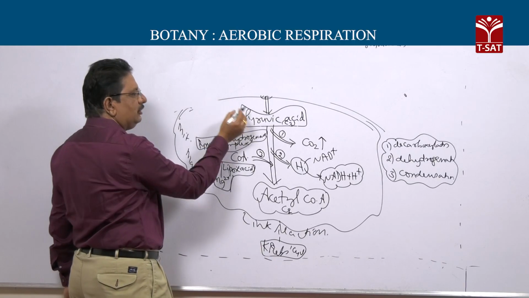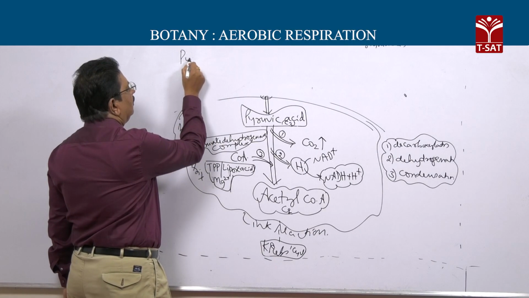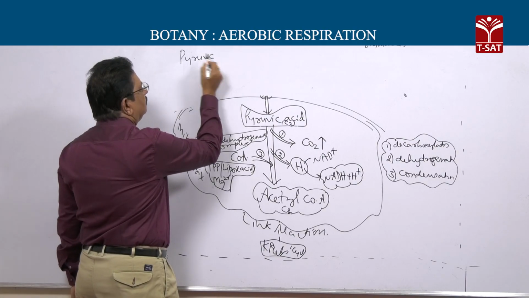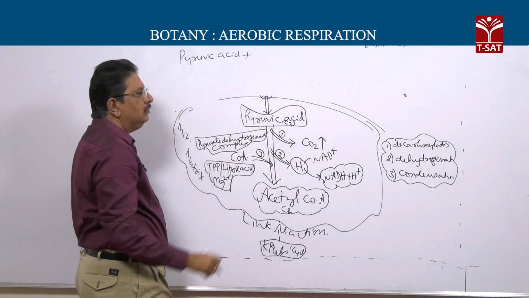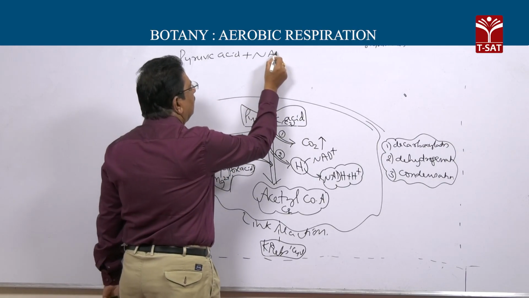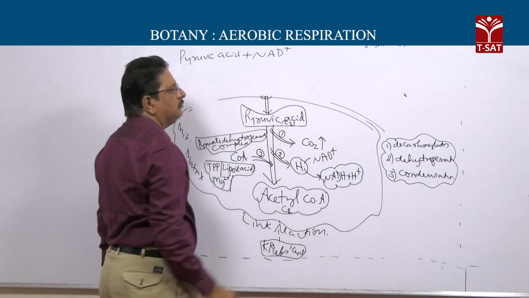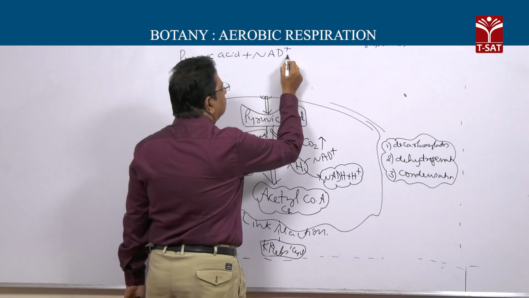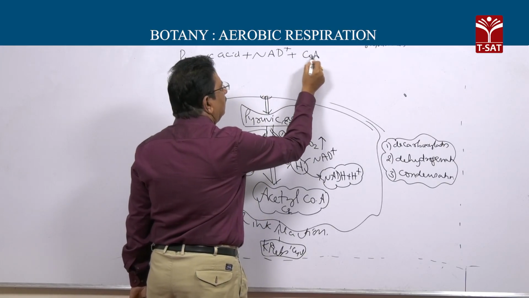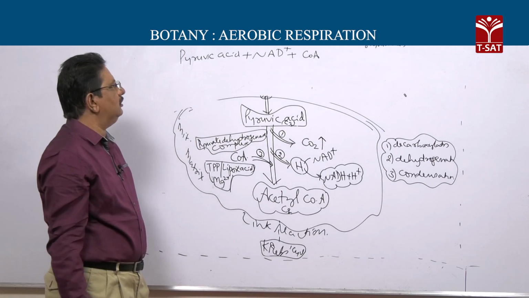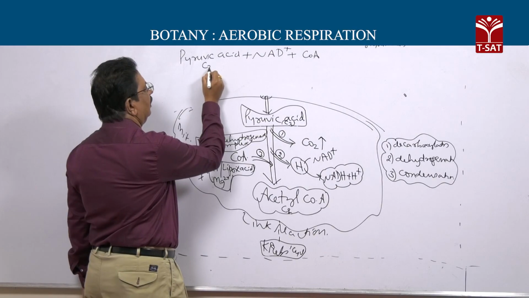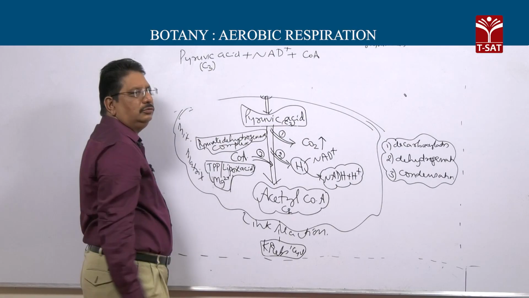So what are the substrates here? The pyruvic acid, and this pyruvic acid, NAD plus, then coenzyme A. So these are the main reactants of this reaction. Pyruvic acid, which is a C3 compound.